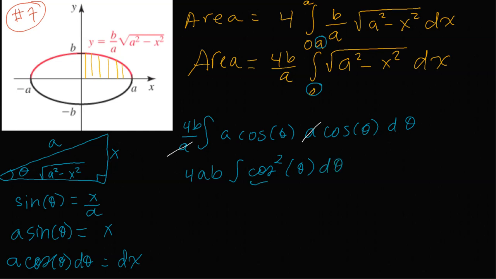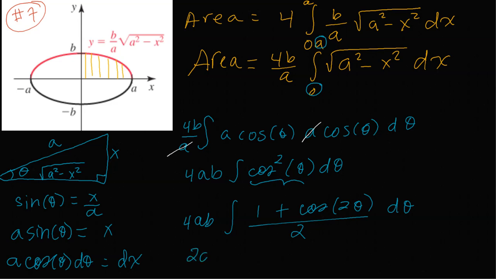And cosine squared, we know, is going to be 4ab integral of 1 plus cosine of 2 theta d theta over 2. Okay, so when we take the integral, we would have 1 over 2 theta. The 2 cancels with 4.